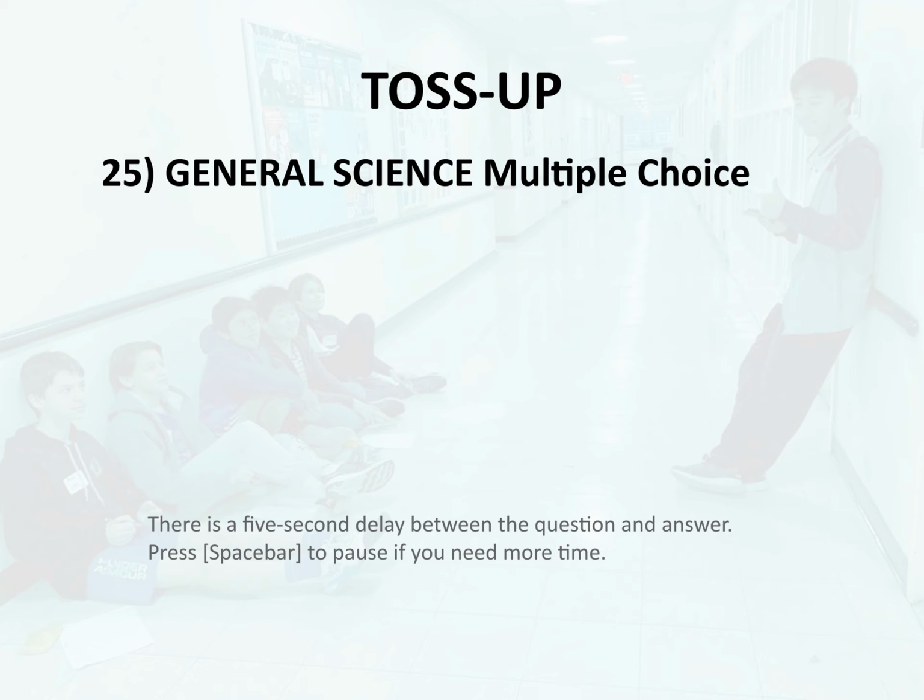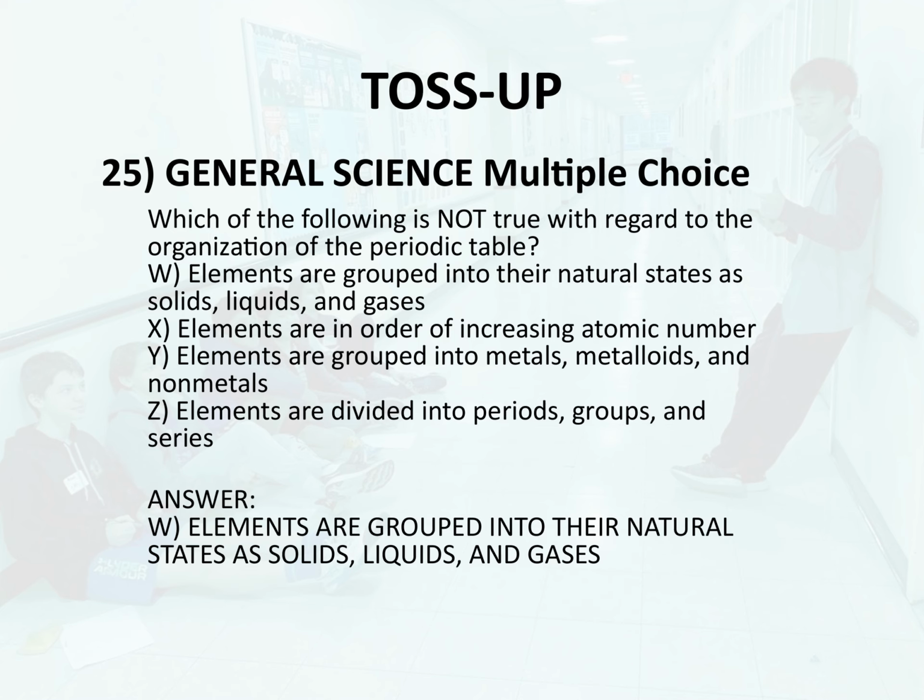Y. Elements are grouped into metals, metalloids, and nonmetals. Z. Elements are divided into periods, groups, and series. Answer: W. Elements are grouped into their natural states as solids, liquids, and gases.